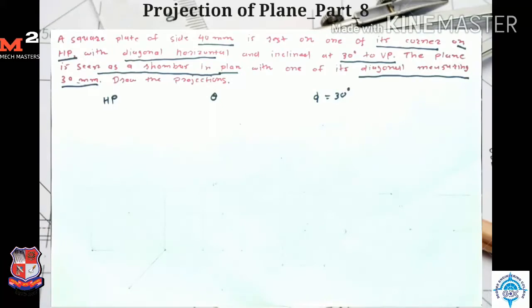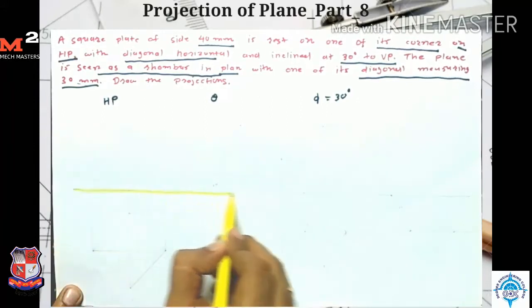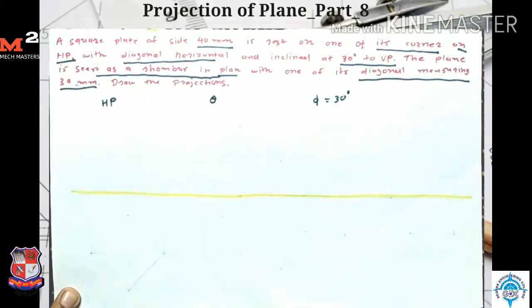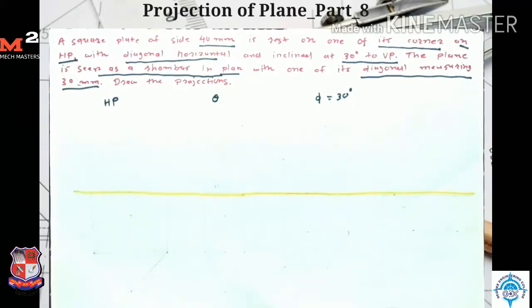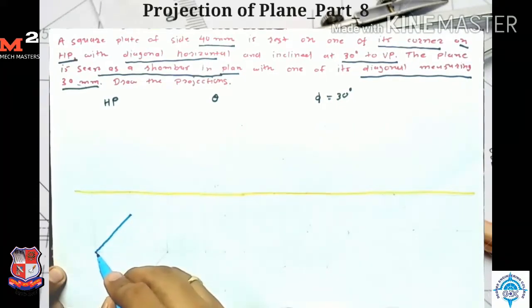Here square plate is resting on HP. So I draw the square plate on HP and plane is resting on one of its corner. Okay, so I draw the corner on left hand side. So first I draw the reference line here.